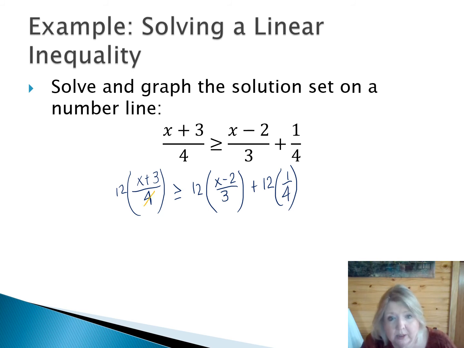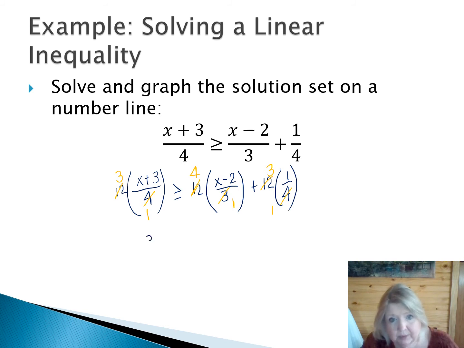Now 4 goes into 4 one time and into 12 3 times. 3 goes into 3 one time and into 12 4 times. 4 goes into 4 one time and into 12 3 times. Do notice that all my denominators are now 1s, so I don't have to express them.